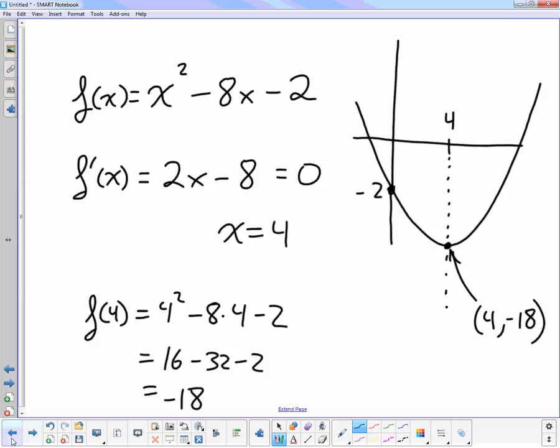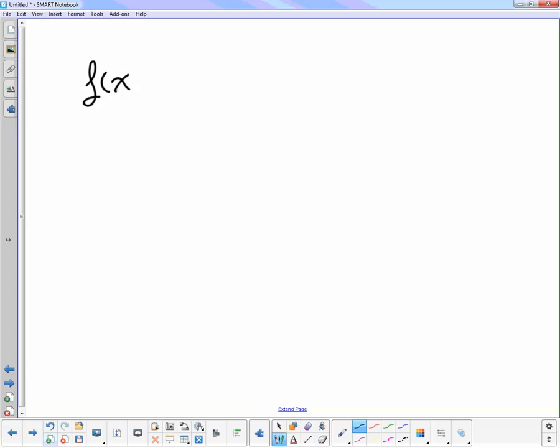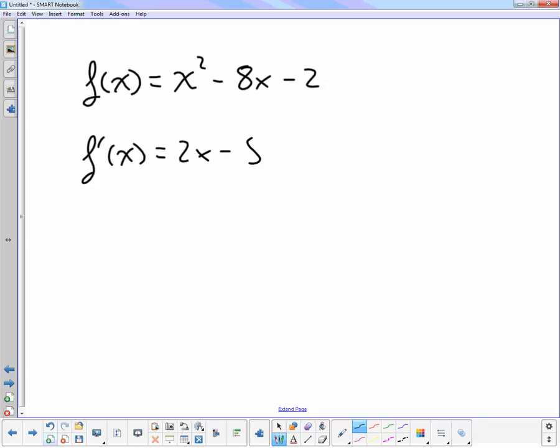If I take my first derivative, and then my second derivative, and now when I plug in a value into that, it still is 2, which is greater than 0. So that means I am concave up.